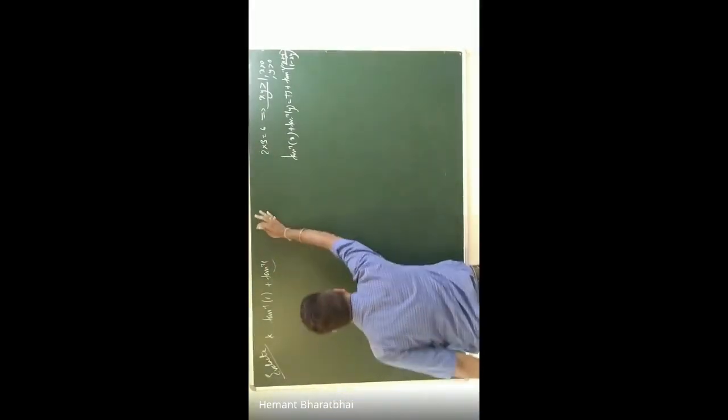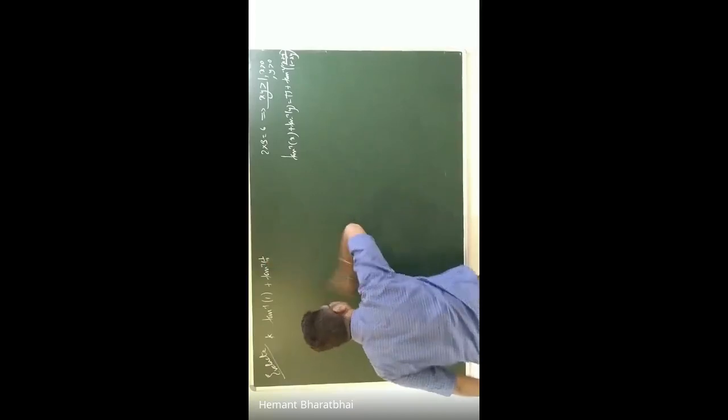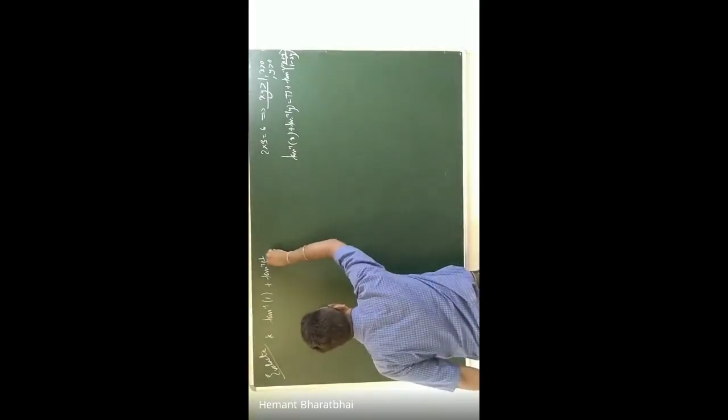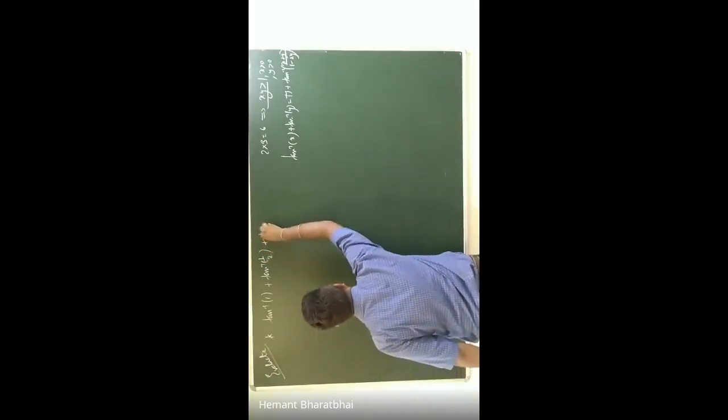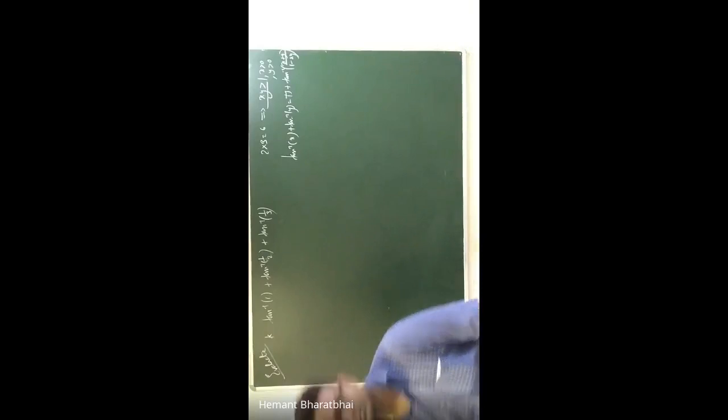Tan inverse of 1 plus tan inverse of 1 by 2 plus tan inverse of 1 by 3. In the last case I had written 2 and 3. So this time I have 1 by 2 and 1 by 3.